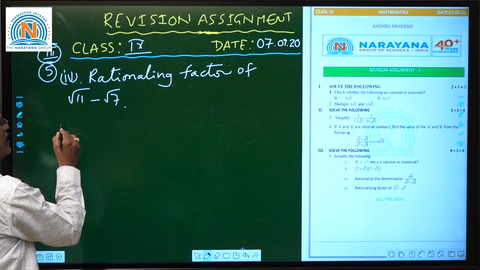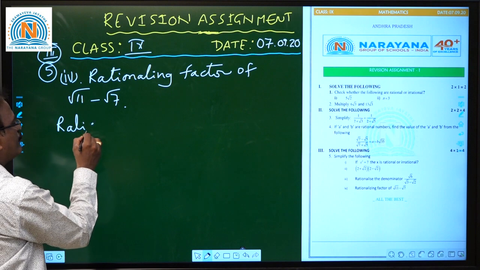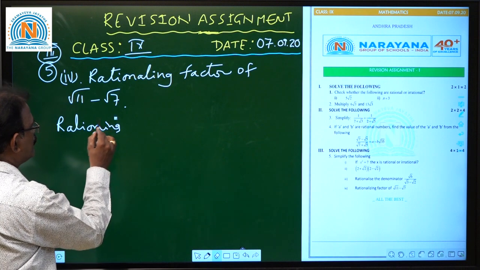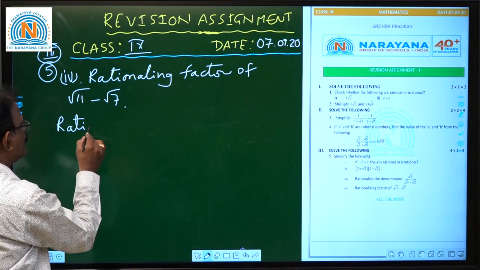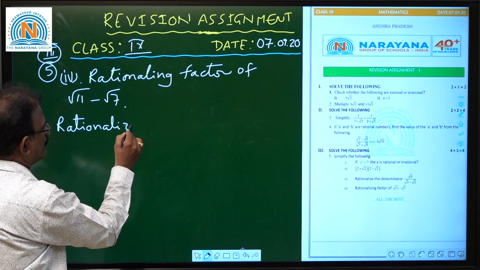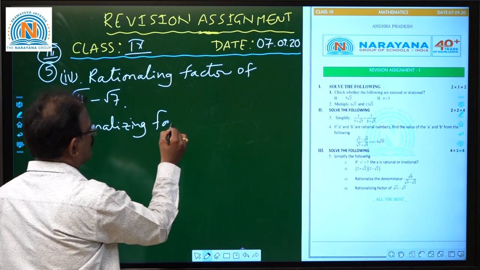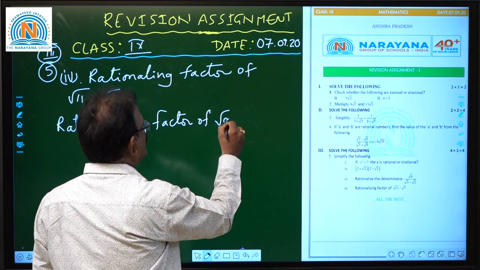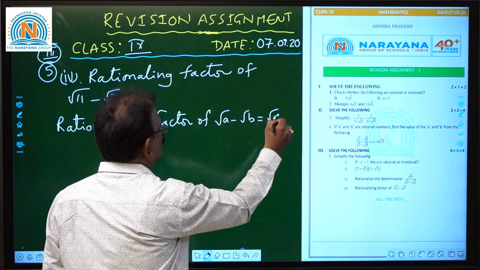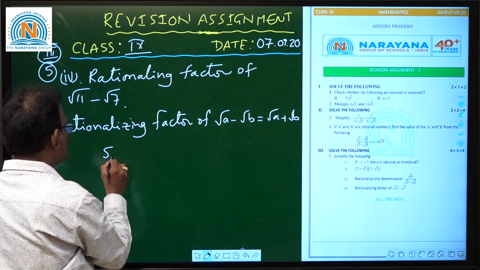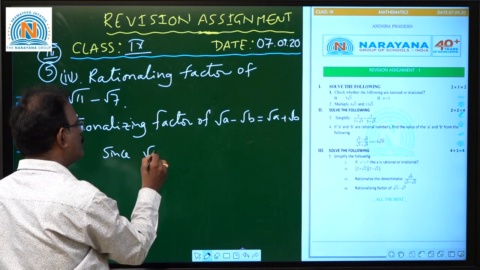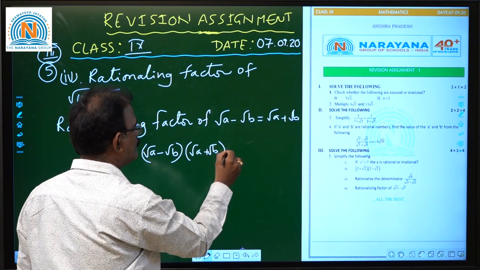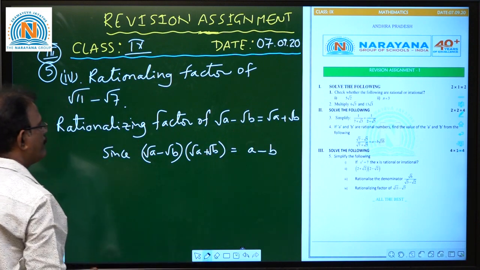Now, the rationalizing factor of root a minus root b is root a plus root b, since its product becomes rational, equal to a minus b.